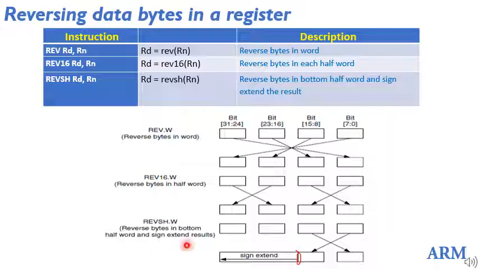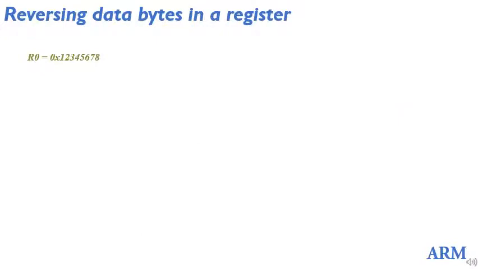If the sign bit is 0, then it will be sign extended by 0, that is 0 will be filled. Okay, this is what will happen in reversing bytes in a register. This will be more clear when you look into an example.